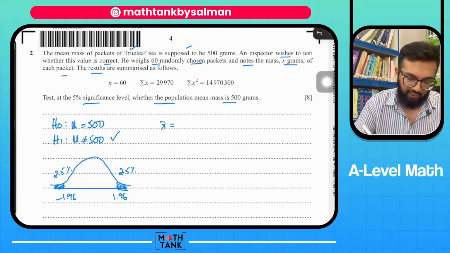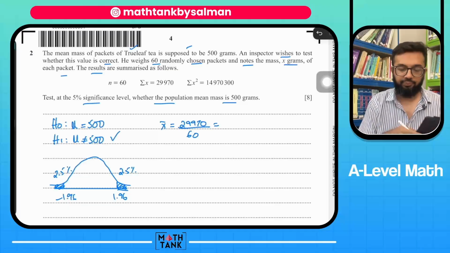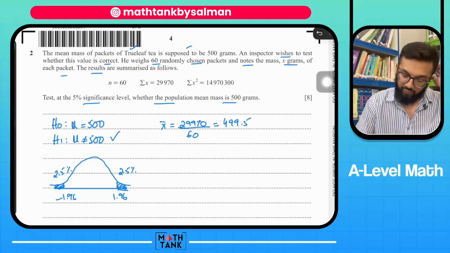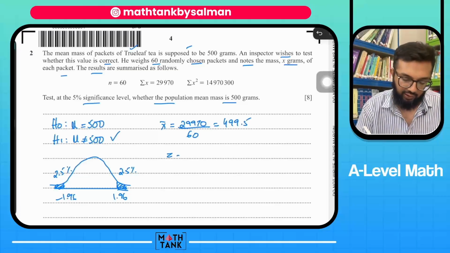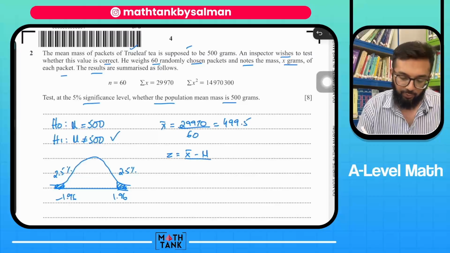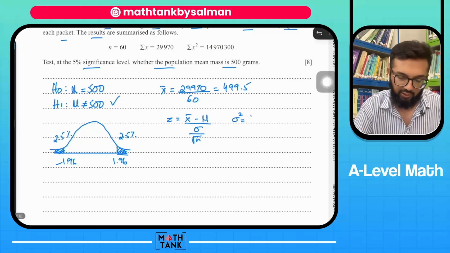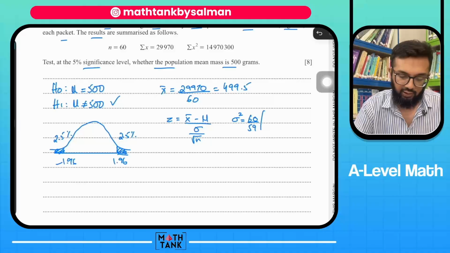I'm going to calculate my test statistic: 29970 divided by 60. That's 499.5. Now to calculate the z value of my test statistic, I will need a value for sigma. How am I going to calculate sigma? Sigma squared is basically n over n minus 1, 60 over 59. I'm going to unbias it. Unbias what?